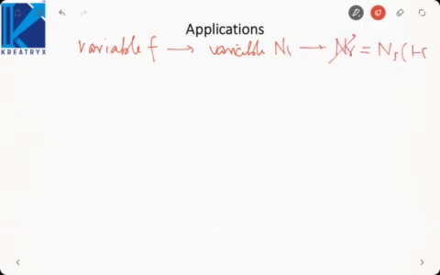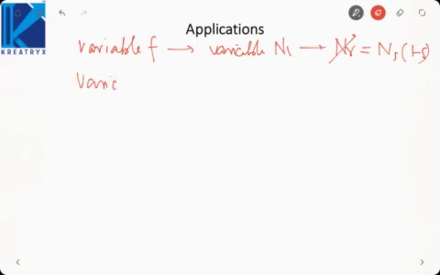If we have variable frequency, it will have variable Ns, and hence Nr will be variable, which is equal to Ns times (1 minus S). So that means we can control the speed of an induction motor by varying the frequency using power electronic converters.